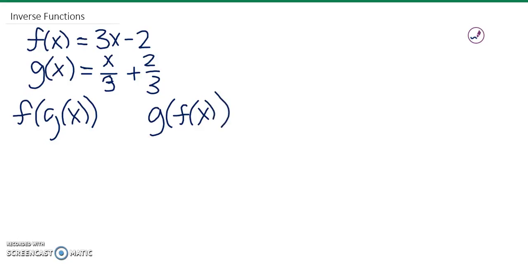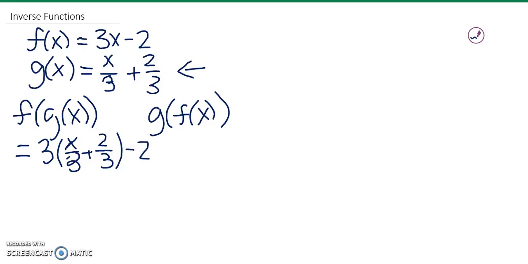G of x, we know, is x over 3 plus 2/3, and we can use this output value for f of x. So we rewrite this as 3 times x over 3 plus 2/3, all of that minus 2.